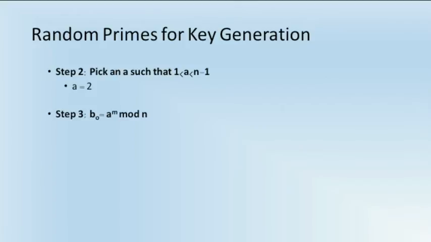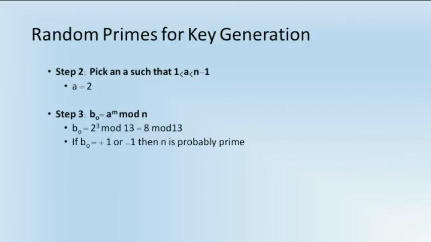In step 3, given the equation b0 equals a to the m mod n, we plug in the values that we have. If b0 is positive or negative 1, then we can determine that n is probably a prime number.